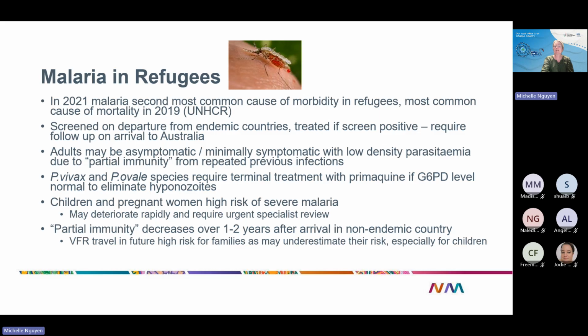This partial immunity that I've talked about really decreases over 1 to 2 years after arrival in non-endemic countries like Australia. So that can be important when considering in the future that people often do visit friends and relatives and return to those high-risk areas. Because families, I think, do often underestimate their risk, especially for children that have either been born here or have migrated here at an early age.